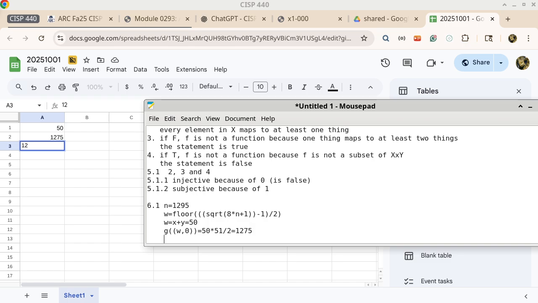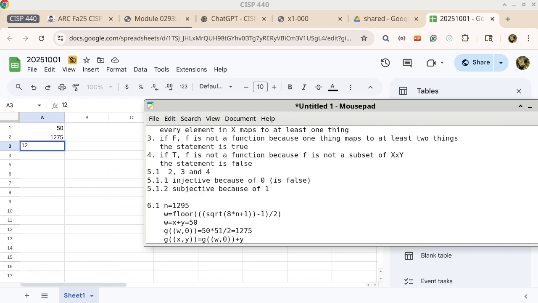So now we also know that g of xy is going to be g of w0 plus y. Okay, so I'm just going to pause here. Does everybody understand why g of xy is g of w0 plus y? Because w is x plus y.